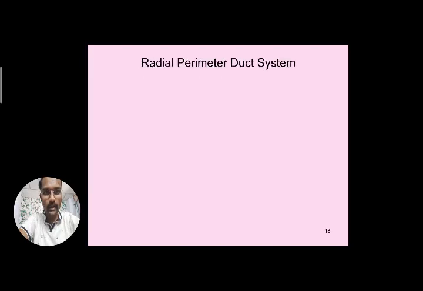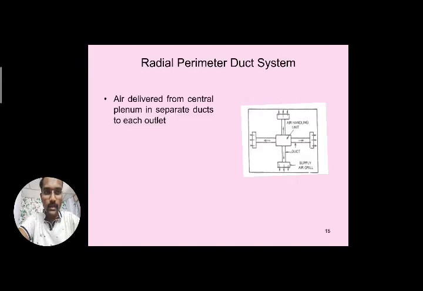Let's see some points regarding that. Air is delivered from the central plenum in separate ducts to each outlet. Here the central plenum, nothing but the air handling unit, is provided at the center, and separate ducts are provided at the sides. Through each outlet grill, through the supply air grills, the air is supplied to the conditioned room.